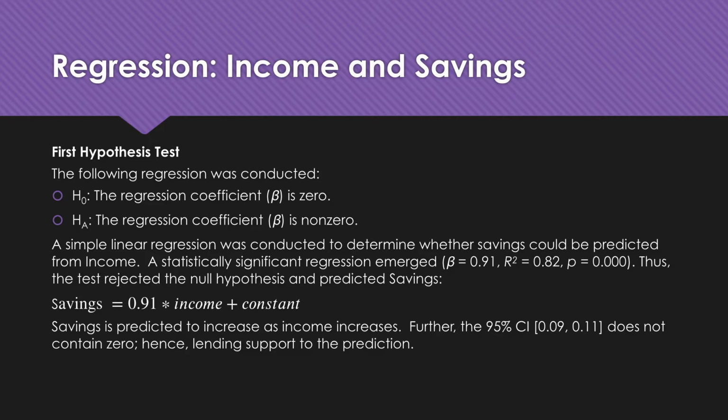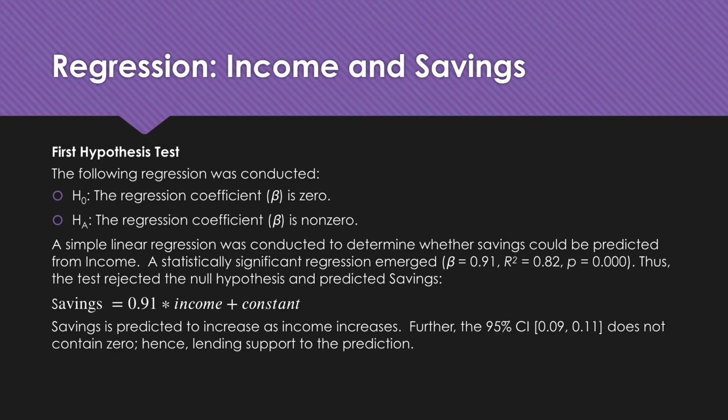Why is that? When we did the analysis, the p-value is 0, which is much lower than 0.05. That means it is statistically significant. Also the r squared value is 0.82, which is much higher, and the beta is 0.91.